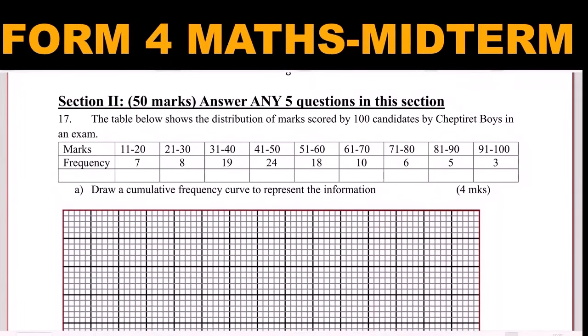Section 2, question number 17. The table below shows the distribution of marks scored by 100 candidates of Cheptiret Boys in an exam. So the marks are there, the frequency is given there. The first question, draw a cumulative frequency curve, also known as the Ogive curve, to represent the information.